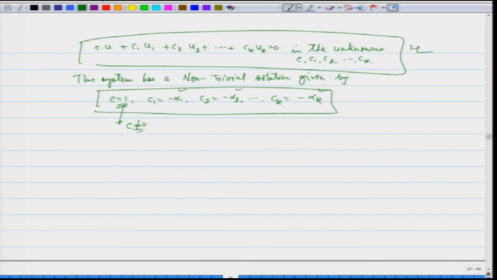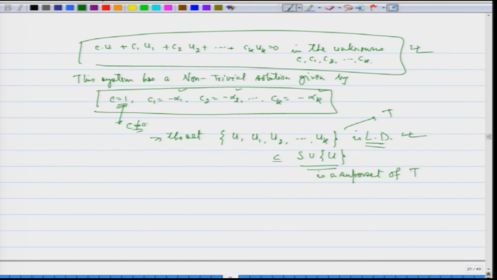Since the system has a non-trivial solution, this implies that the set u, u1, u2, uk is linearly dependent. Fine. Now, this is a subset of S union u. So, you are saying that this set is linearly dependent, and this is a superset of this set T, and therefore, there is a linearly independent set which contains a linearly dependent set.